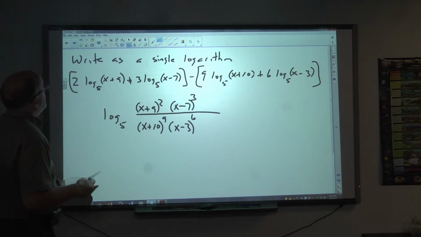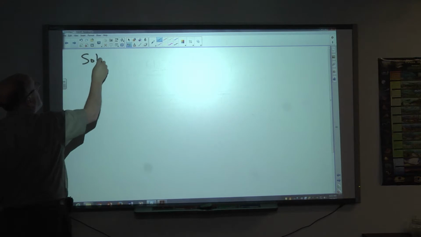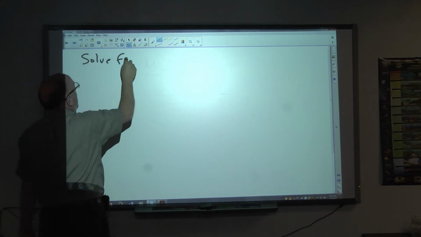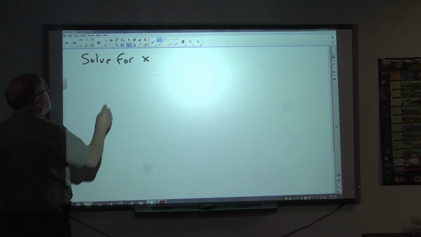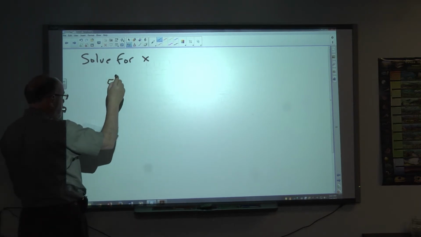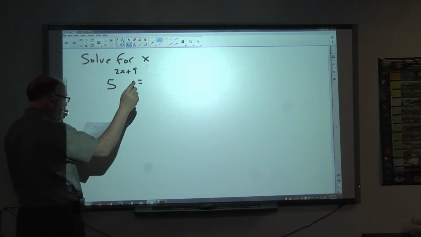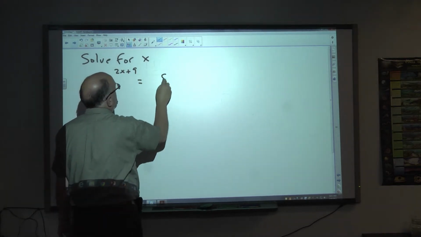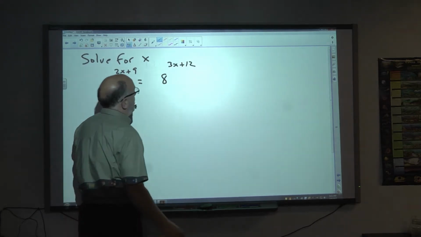So now we want to do this in terms of actually solving for the unknown. So we want to solve for x. So we'll go through a few examples as to how this works. So for example, I have 5 raised to the 2x plus 9 is equal to 8 raised to the 3x. And I want to solve it.